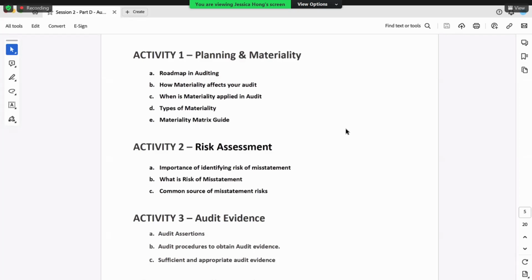And then from planning and materiality, we're going to move on to the next activity, which is risk assessment. In risk assessment pertaining to audit processes, we focus a lot on the risk of material misstatement. But I thought that this activity is also important for us to have a good understanding of exactly what misstatements are and where the risk of material misstatement actually comes from.